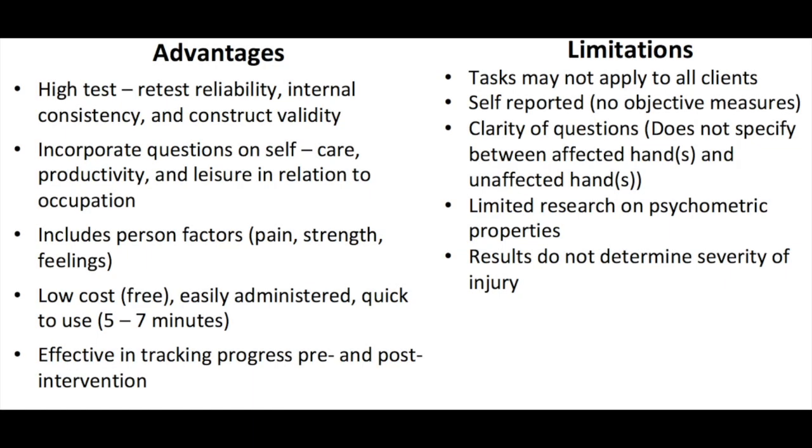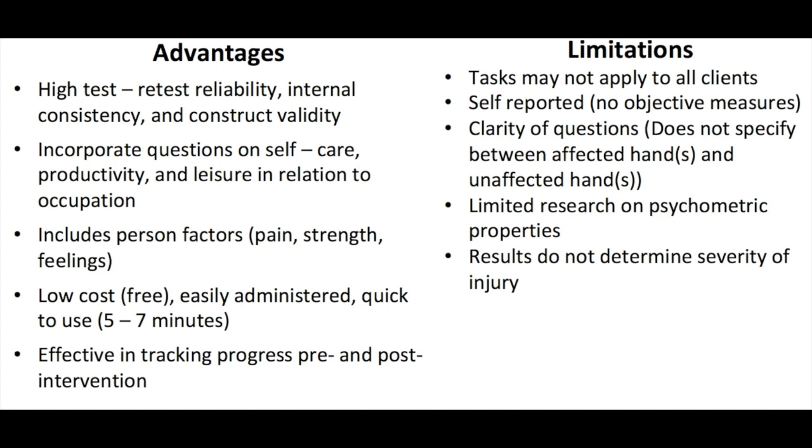Advantages. According to an article by Ashwood et al., it is suggested that there is high test-retest reliability and internal consistency, as well as construct validity. Incorporates questions around self-care, productivity, and leisure, all in relation to occupation. Includes person factors, low cost, easily administered, quick to use, effective in tracking progress pre and post intervention.